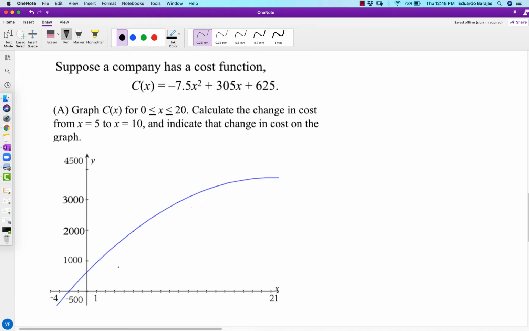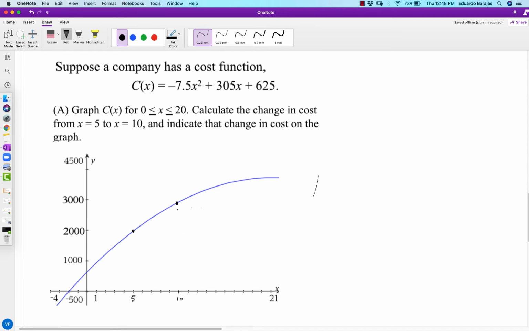So if we look at where 5 is, 1, 2, 3, 4, 5, so 5 is around there somewhere. If we trace it up, we'll end up with some value, say over there. And then 6, 7, 8, 9, 10 is over here. If we trace it up to there, it would be somewhere around there.